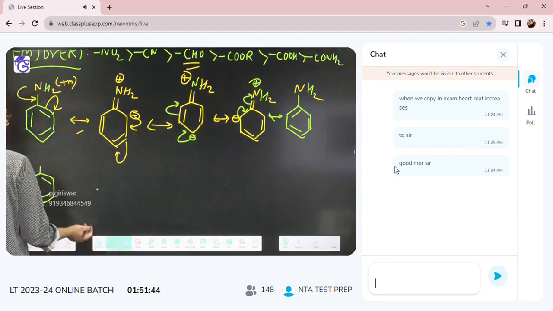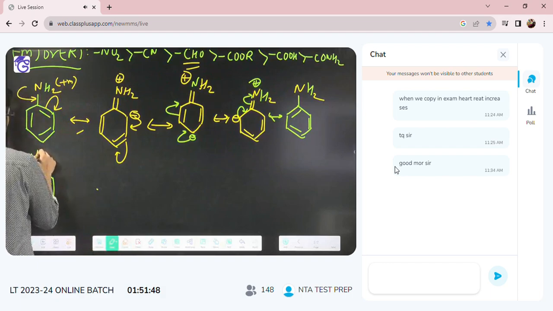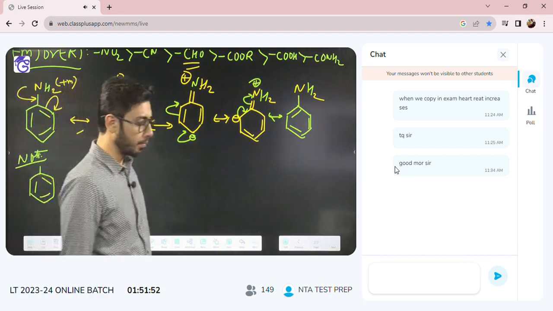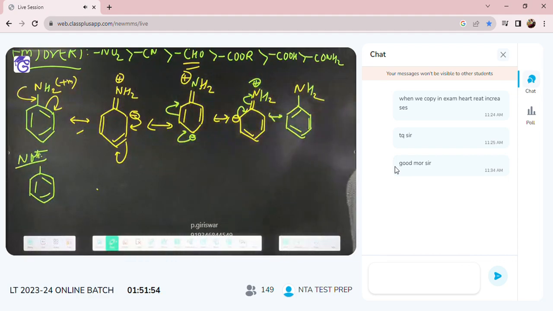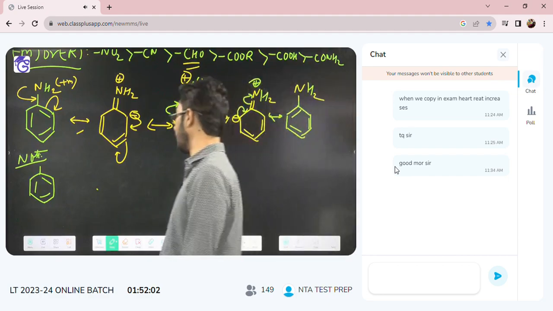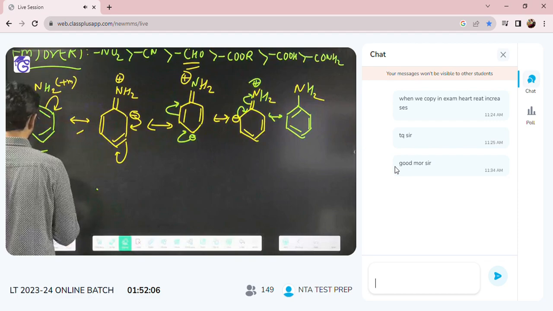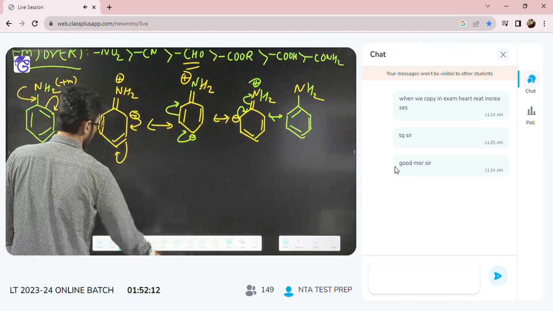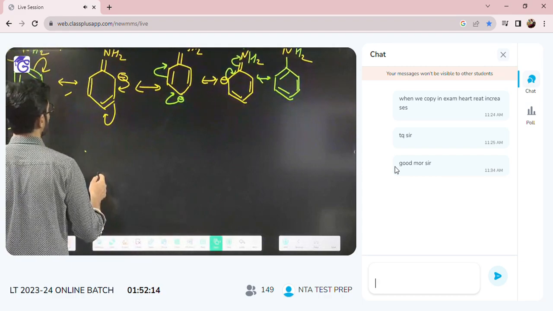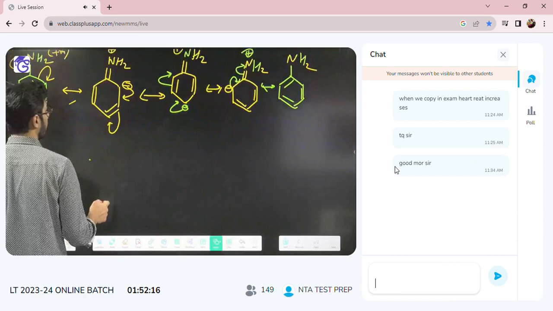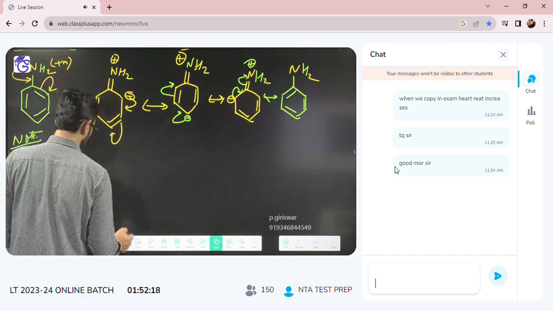So you can mention this point after this example: plus M groups increase electron density at ortho and para positions.